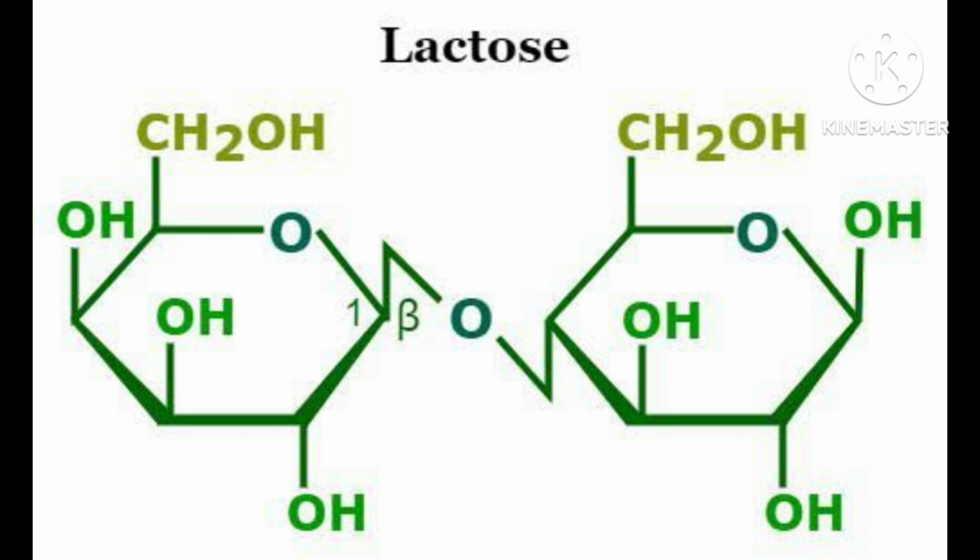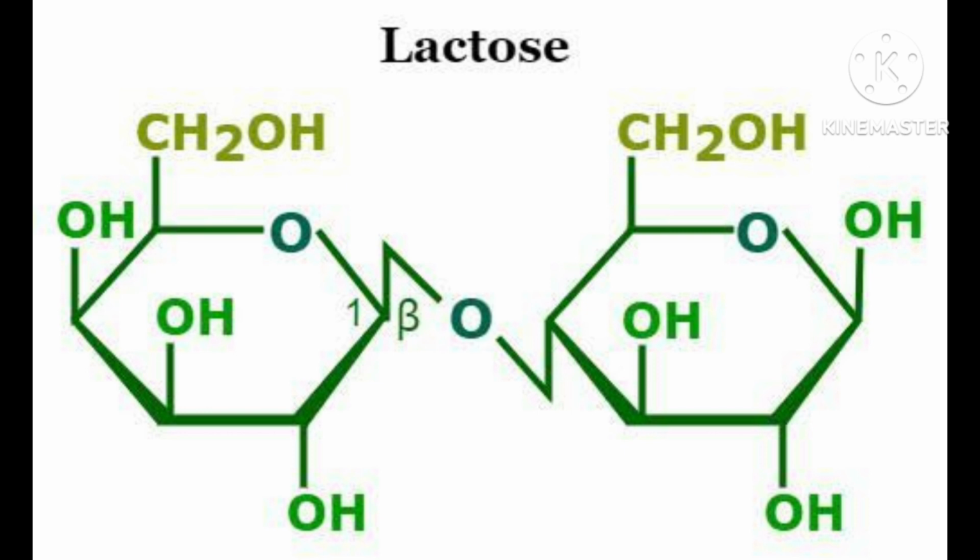And actually the question is asked about sucrose and maltose, where they are linking. Sucrose, I told you, is carbon number 1 of the first unit, alpha D glucose, and carbon number 2 of fructose.